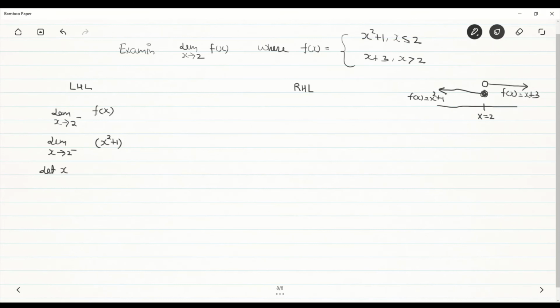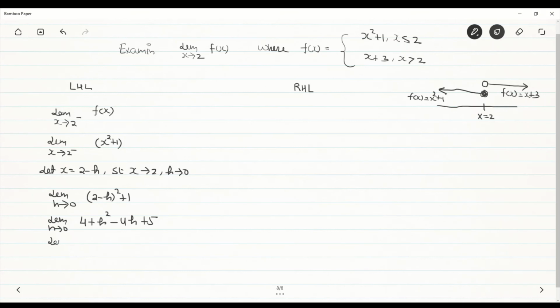Let x equal to 2 minus h, such that when x tends to 2, h tends to 0. So limit h tends to 0, 2 minus h whole square plus 1, limit h tends to 0, it is 4 plus h square minus 4h plus 1.